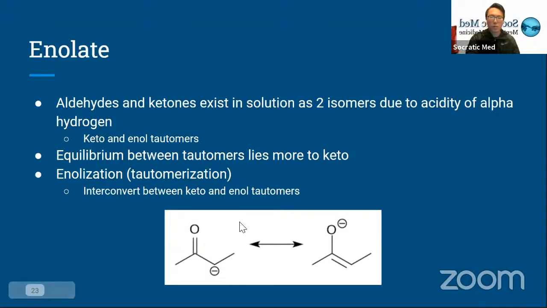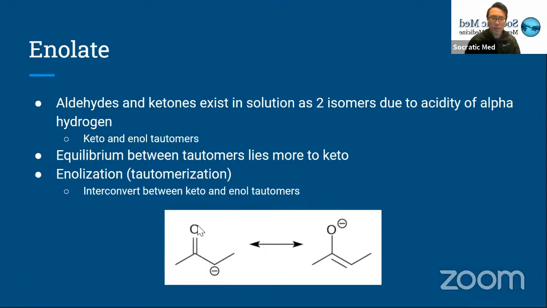So we have two tautomers, and the equilibrium between them usually lies more on the keto side, the left one on the bottom. That's the keto tautomer, when the double bond is between the oxygen and the carbonyl carbon.